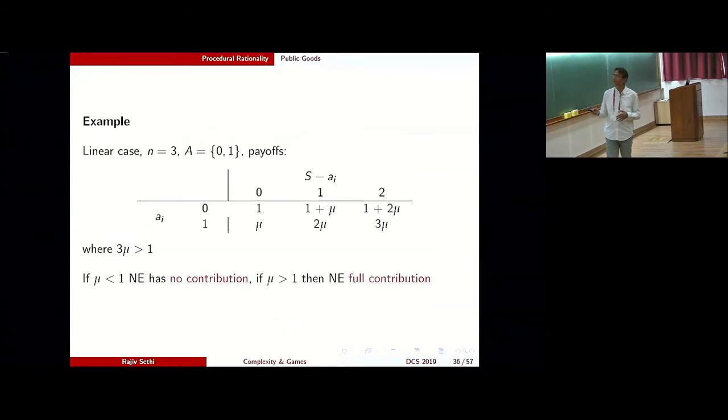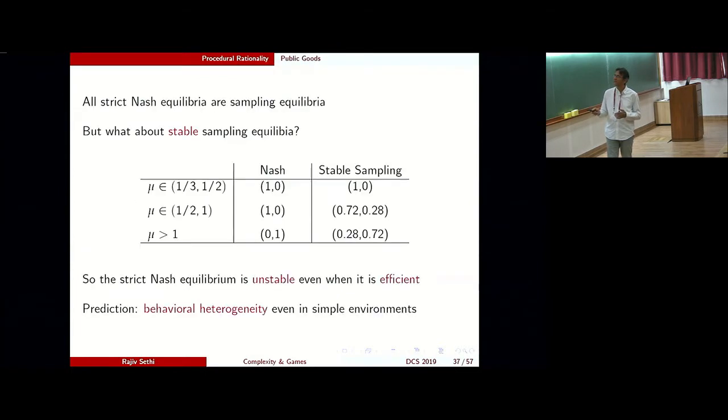So think of Nash equilibrium as a probability distribution on these two actions. Think of P1, P2, probability of contribution, probability of non-contribution in equilibrium. Nash equilibrium says don't contribute if mu is in this range, and don't contribute if mu is in this range. That's just the prisoner's dilemma aspect of it, right?